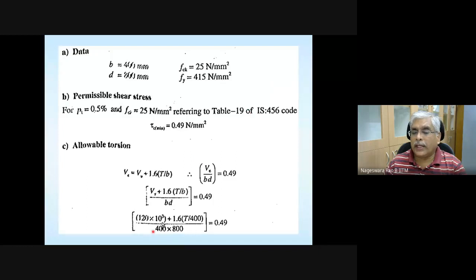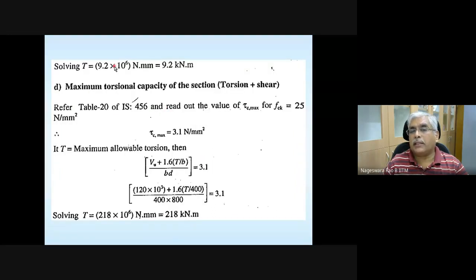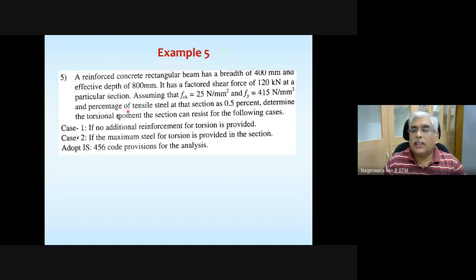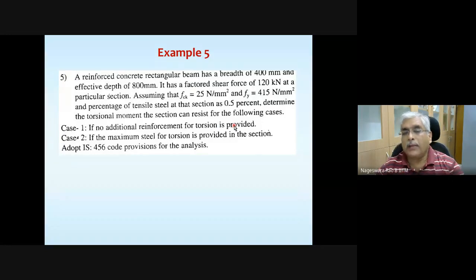So making use of this relation, you should be able to calculate what is the torsion that you can apply, torsional moment you can apply. So T can be calculated in this manner. And this is for the case if no additional reinforcement for torsion is provided, and if maximum reinforcement is provided.